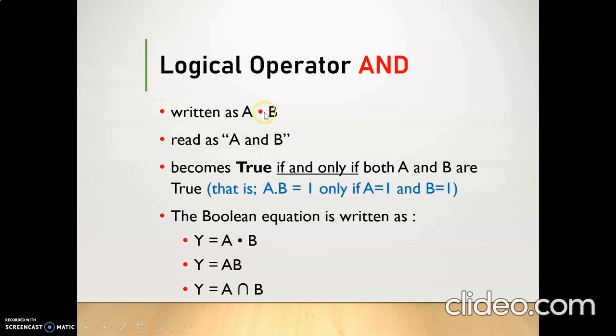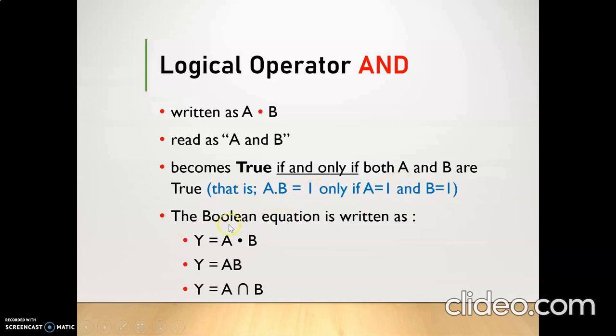So this is not multiply, this is and. The expression a and b is going to become true if and only if both a and b are true. That is, a and b is going to be true only if a is true and b is true. Both must be true, then only is a and b going to be true.